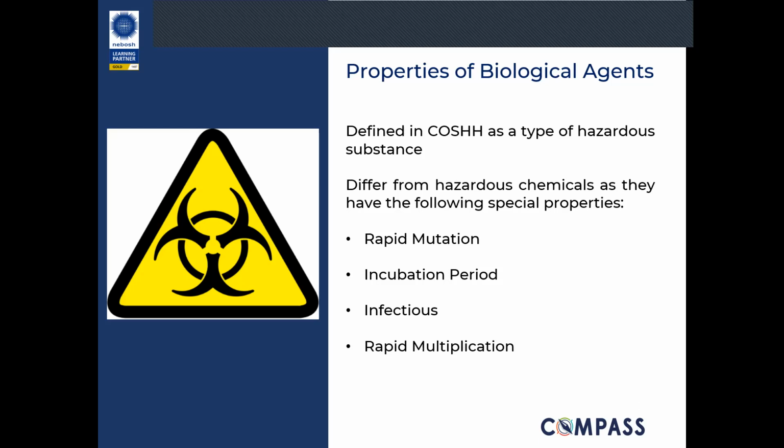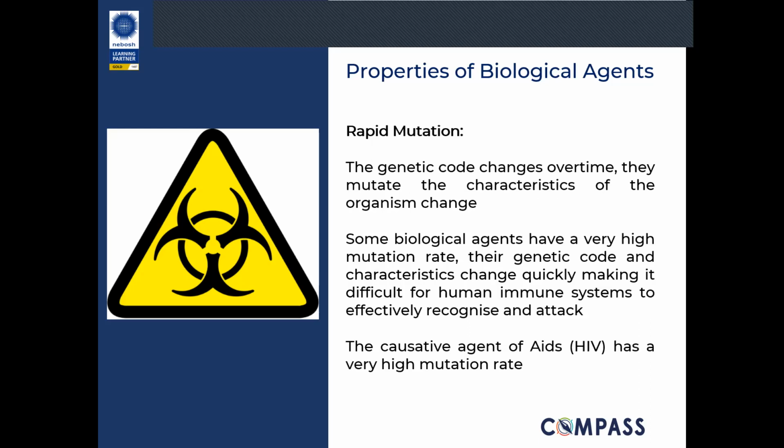It's obviously got that infectious property, its ability to transfer into the body and through many people, and then the rapidity of the multiplication of the virus or bacteria, but the biological agent itself. So you can see here why it's specific to biological agents in comparison to other hazards covered by COSHH. And therefore, because of this affinity to people and the impact it can have on health, the necessary controls must be to a higher standard.